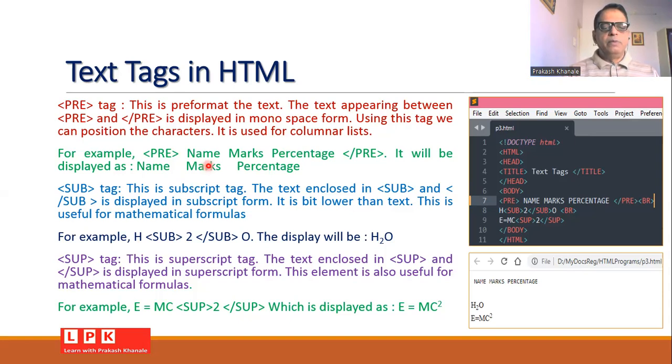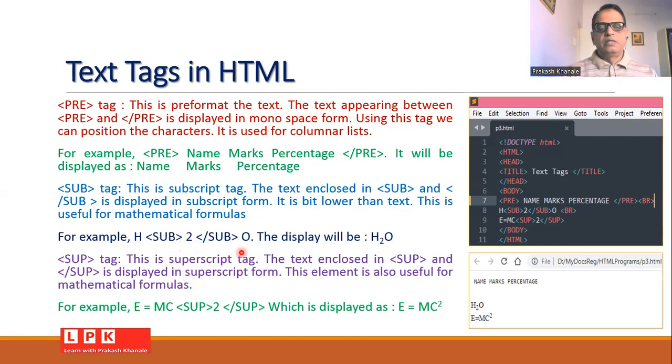Then there is a subscript tag. Many times when we write equations, we need to make use of the superscript and subscript tags. The subscript tag is used so that the content will be displayed in subscript form. For example, if I have a formula H2O where 2 has to be written in subscript form, then this 2 can be enclosed within the SUB tag.